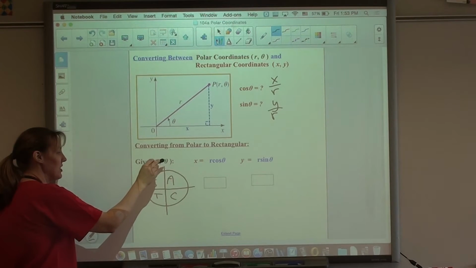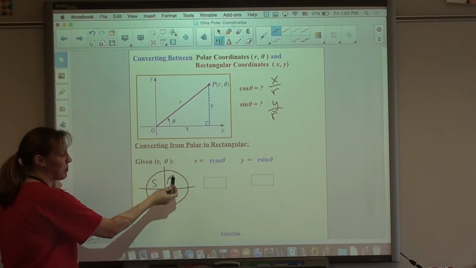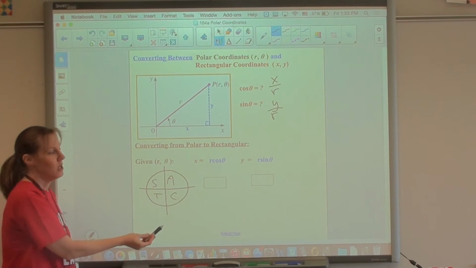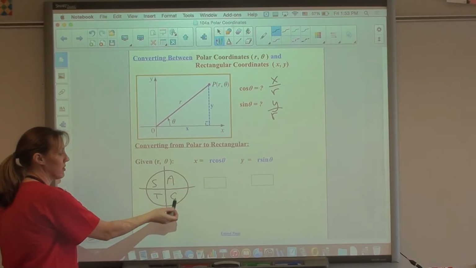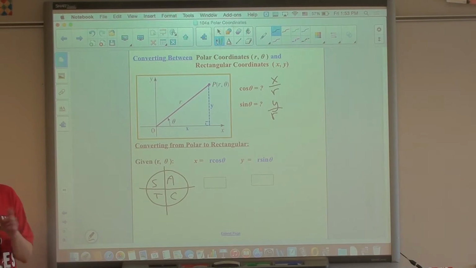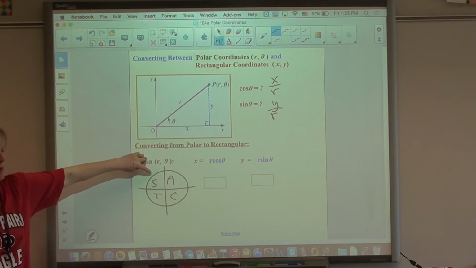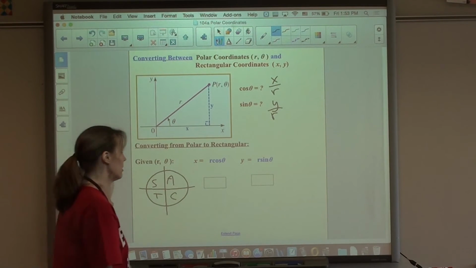Whatever you have that starts with that letter is positive in that quadrant, and if it's not positive, it's negative. So they're all positive in the first, sine is positive in the second, tangent is positive in the third, cosine is positive in the fourth. Anything that's not positive is negative. Reciprocals keep the same sign as the original function, so sine and cosecant are both positive in the second quadrant. So anyway, a little shortcut.